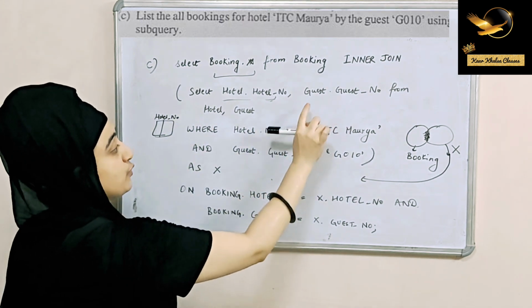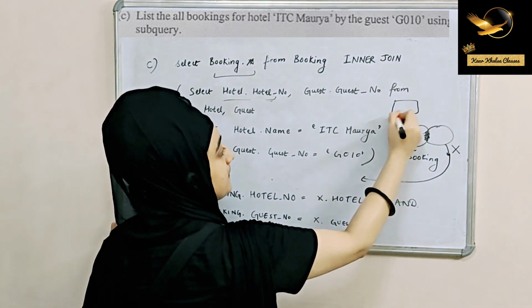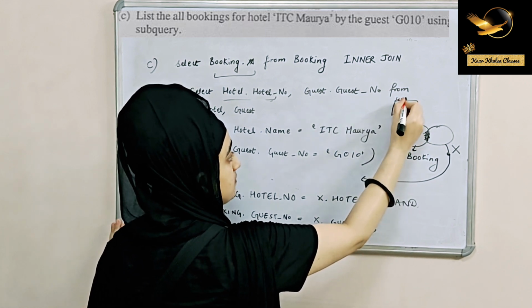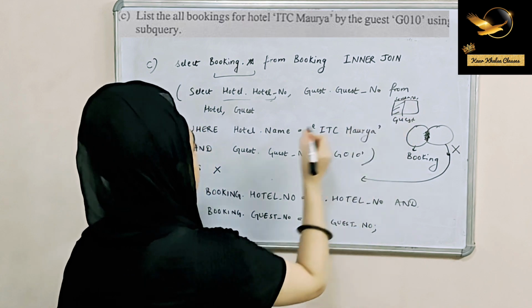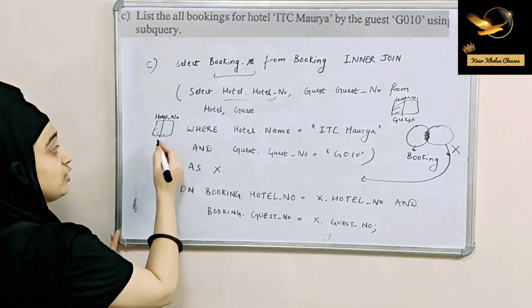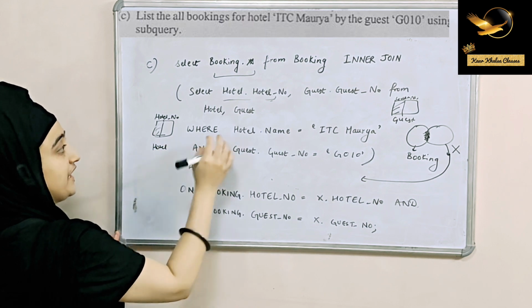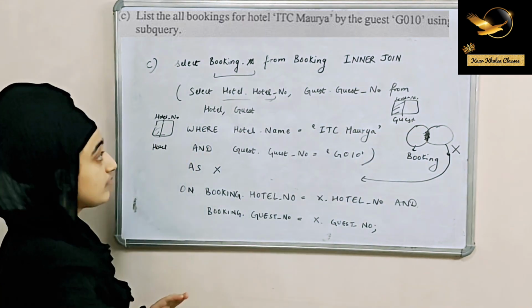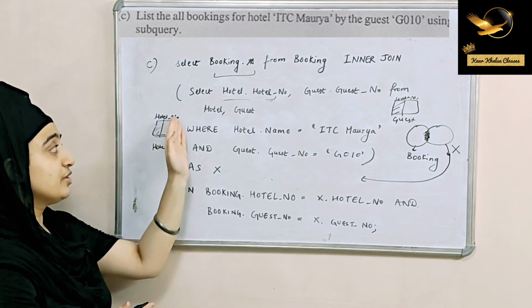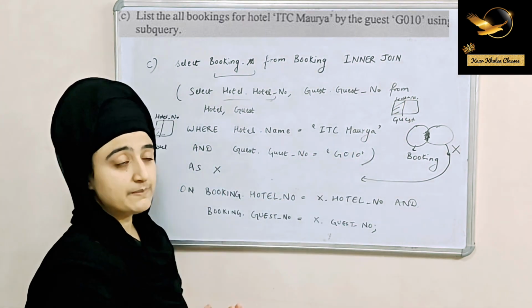And this means that we are going to the guest table, and in the guest table we are selecting only the guest number column. This is the hotel table which I told you, and this is the guest table. So here I think it should be clear that it is hotel dot hotel number, guest dot guest number.